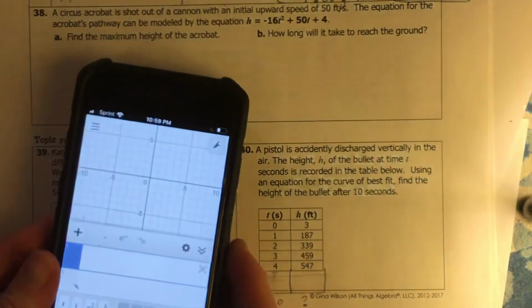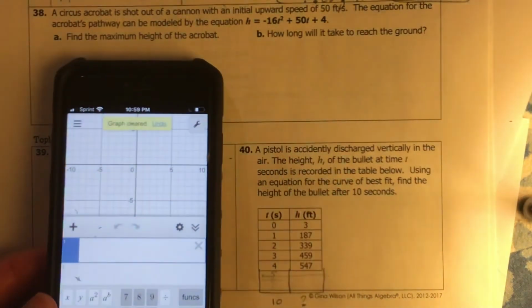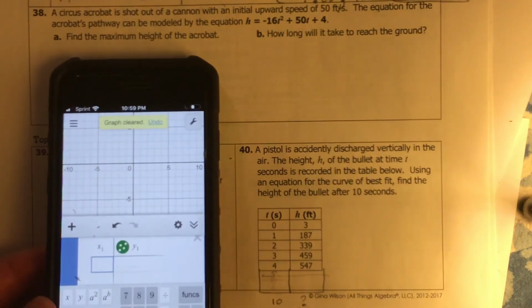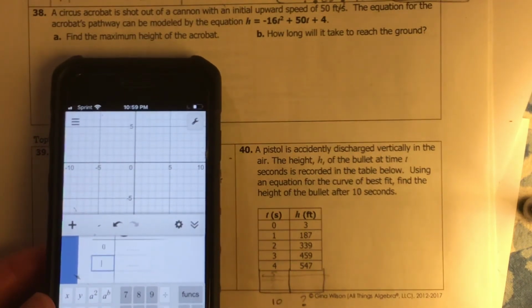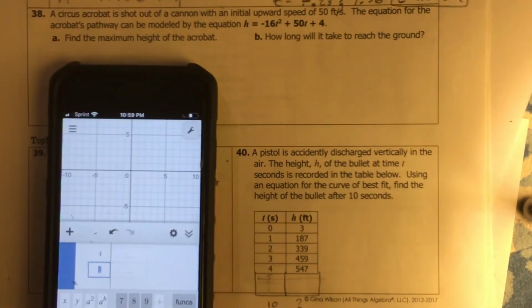And I'm going to try a new graph, insert table, and 1, 2, and you can keep on adding those numbers. It'll actually add it for you if it's just going up by 1. But I only have values up to 4, so.